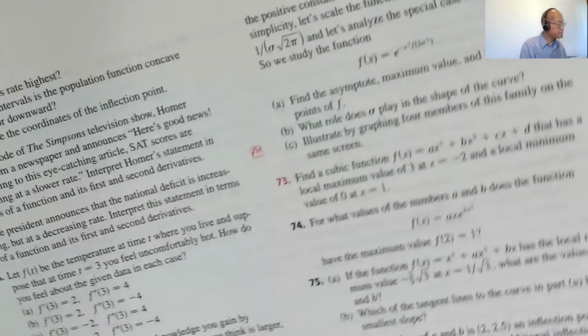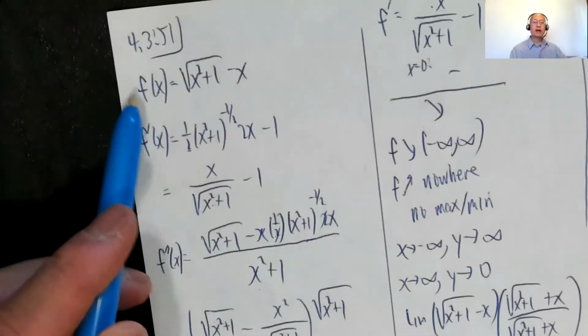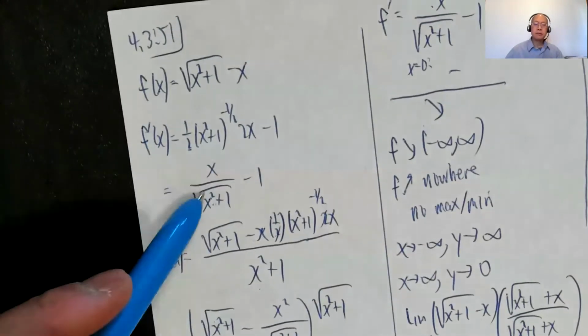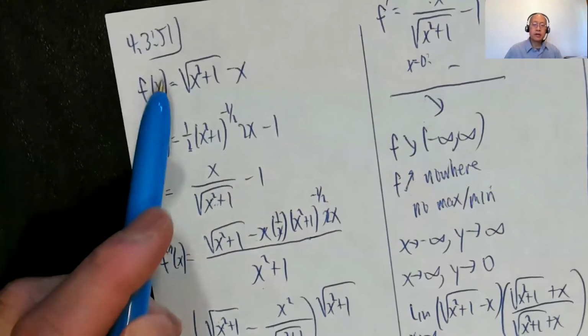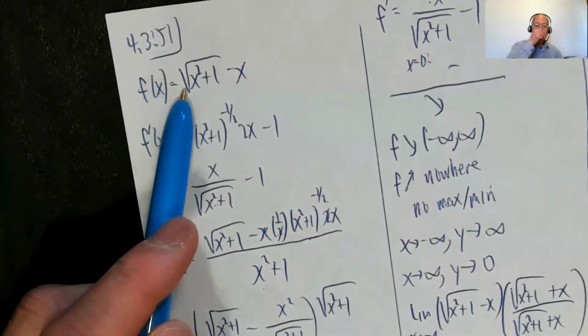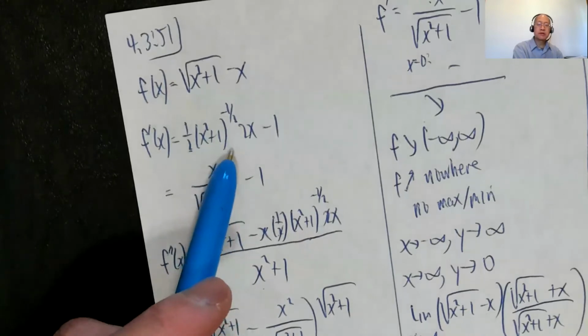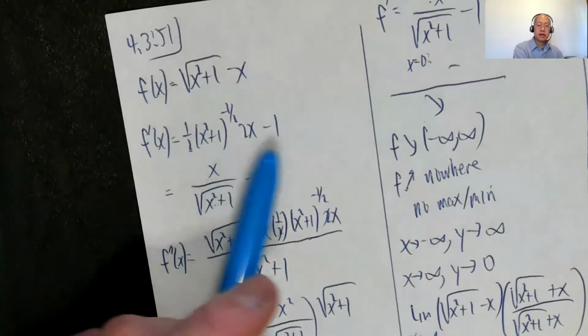Okay, 4.351. Radical x squared plus 1 minus x. So the derivative is 1/2 times x squared plus 1 to the negative 1/2 times the derivative of the inside, 2x, minus 1.